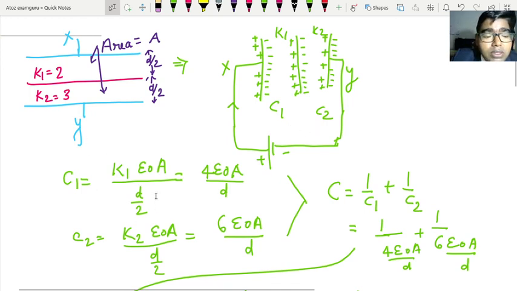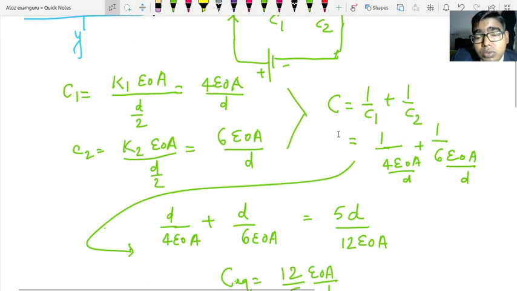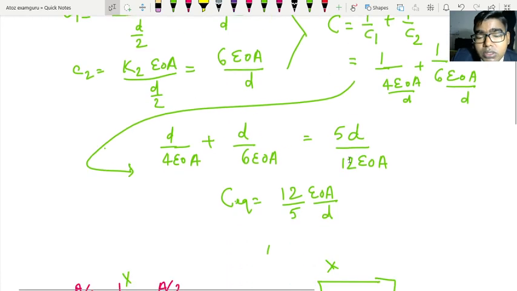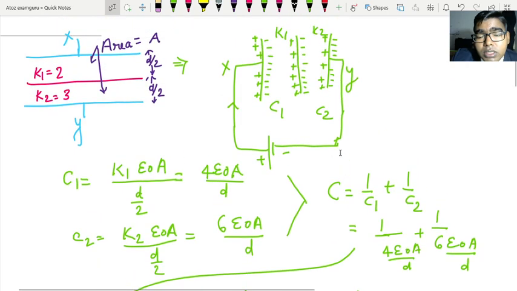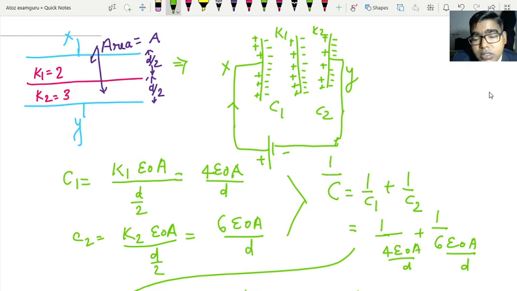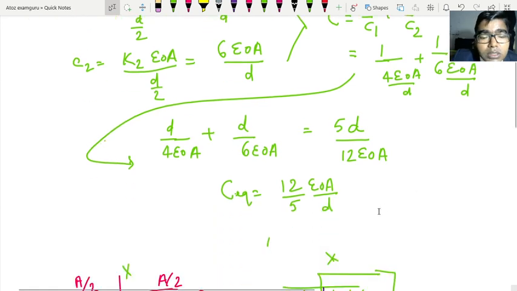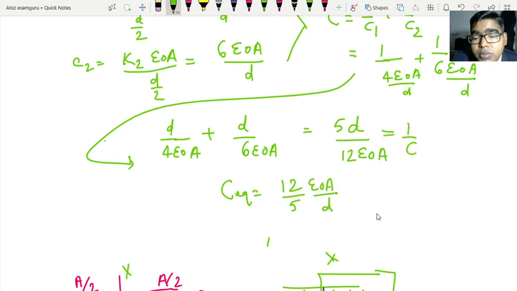So by calculating individual capacitance, do what you do for series capacitance, right? Correct one thing: this is the value of 1 by C.